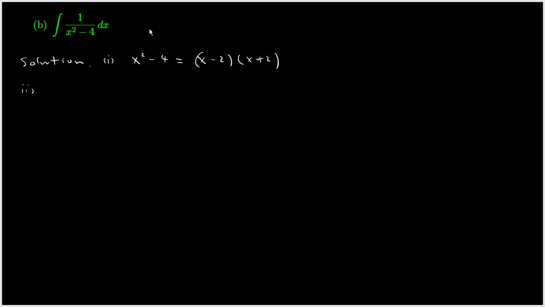The second thing we do is to write the form of partial fraction decomposition for the rational function. You have 1 over x squared minus 4, and probably I want to use the factored form.